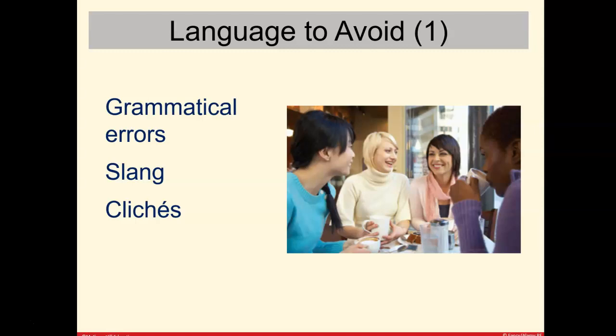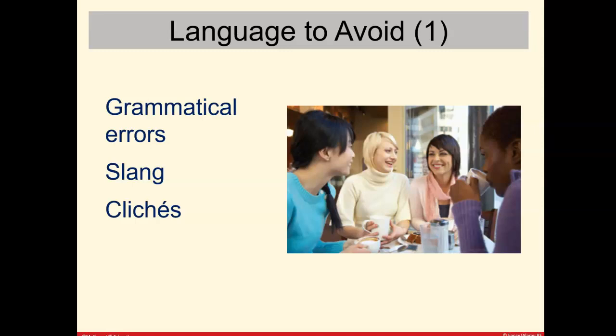Another thing we should also avoid is the use of slang. Slang is an informal, casual language used among equals with words typically unsuitable for more formal context. And again, one of the things I like to talk about are Cajun slang terms that we may oftentimes use in our daily English.